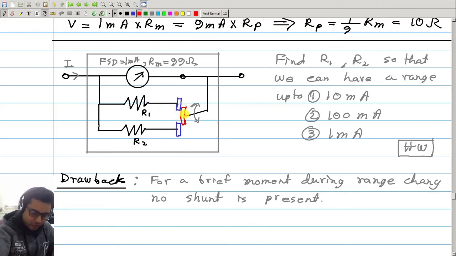So initially it touches only R1, then during the transition it touches both R1 and R2, and then only R2. So then there is no moment when the shunt connection is absolutely gone and the meter is safer.